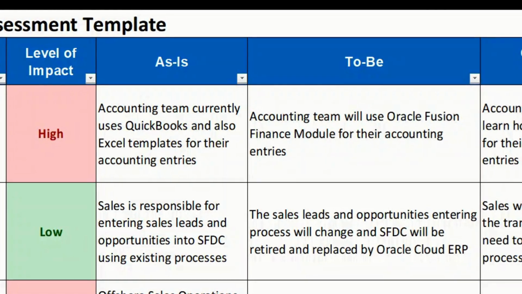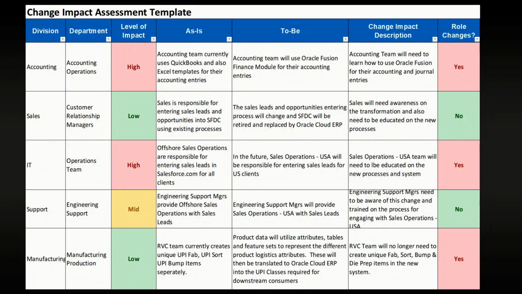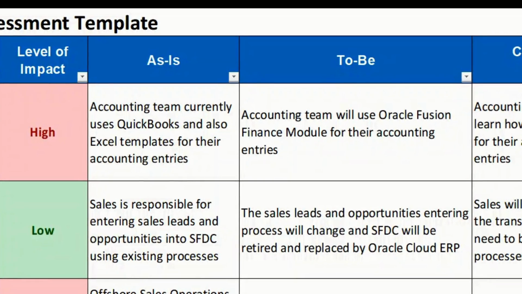For what is changing, an effective change impact assessment includes the current state versus the future state, which is also known in change management as the as-is versus the to-be state.